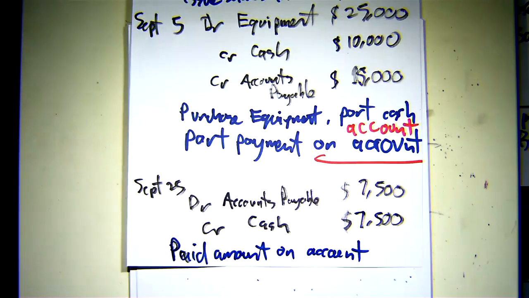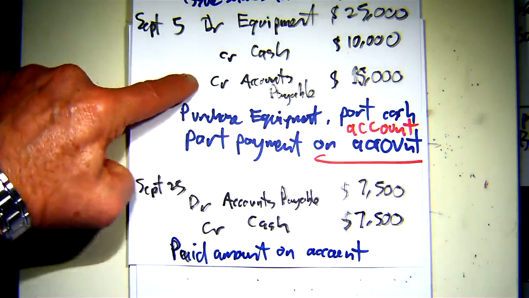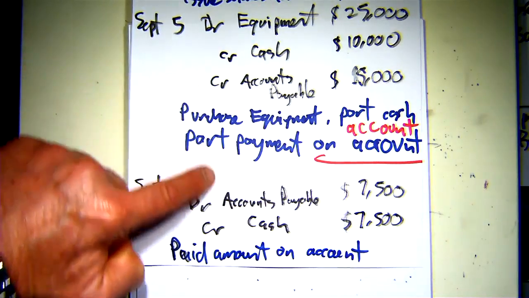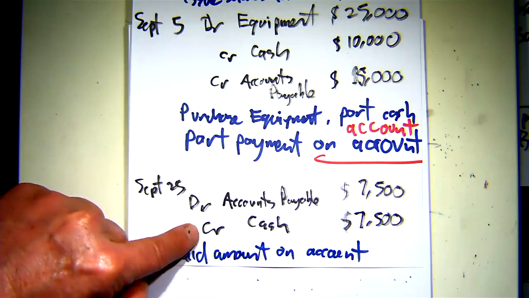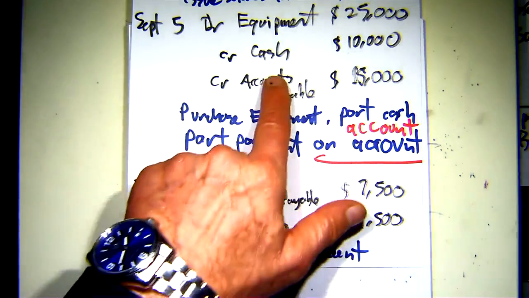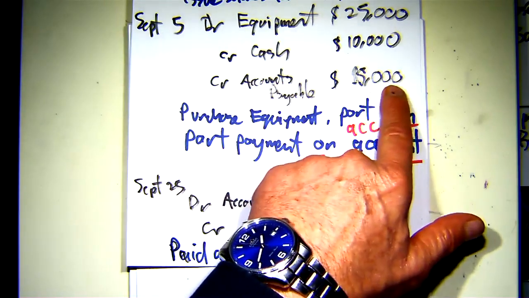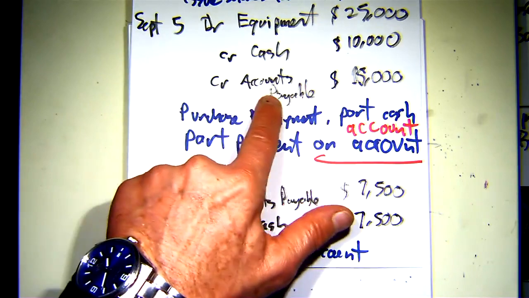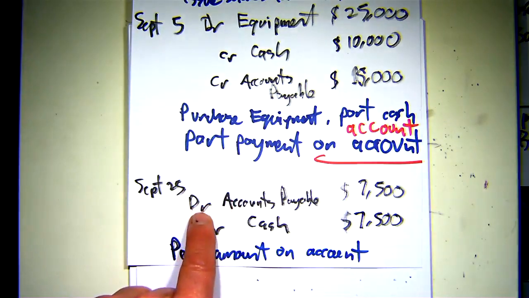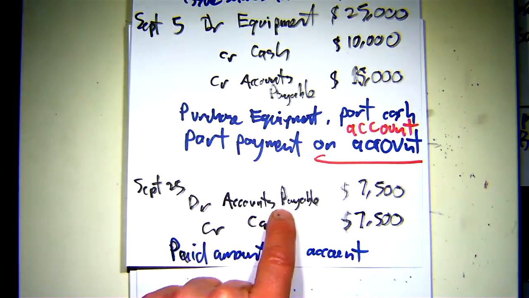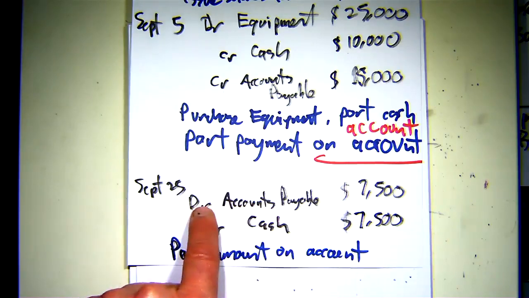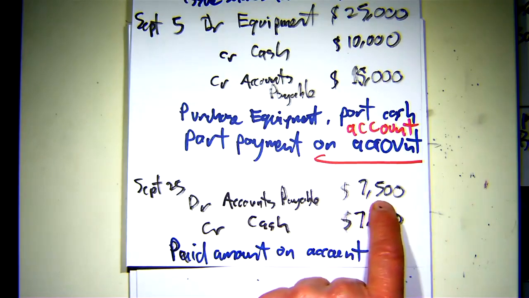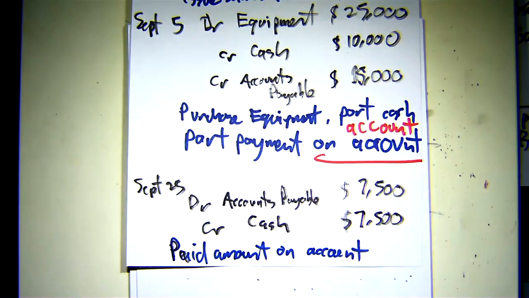We owed $15,000 for the equipment here, and we've paid off another $7,500. So I credit cash, and I also reduce the liability. This is a liability of $15,000, and to reduce the liability, I debit the liability. So I debit accounts payable. Liabilities have a natural credit balance, and where I debit it, I reduce the liability by $7,500.